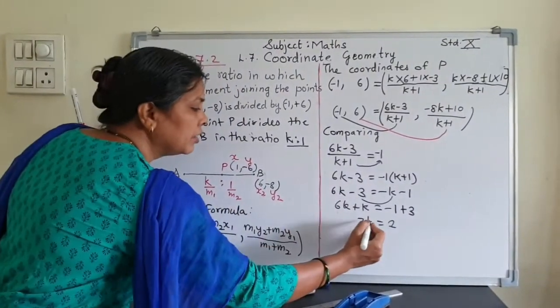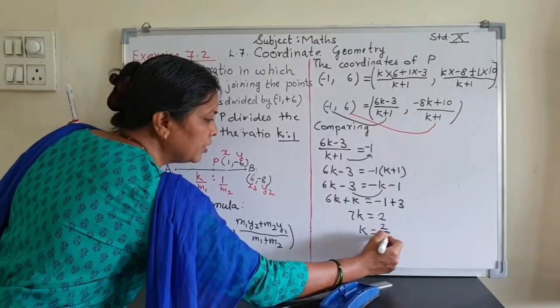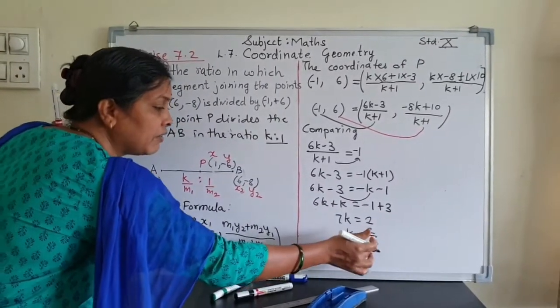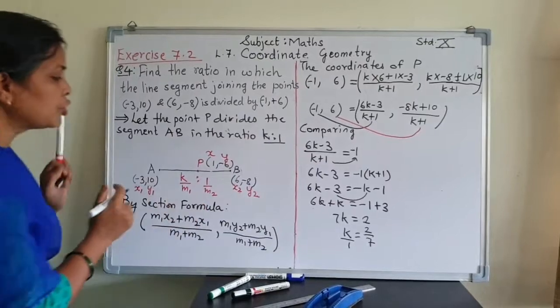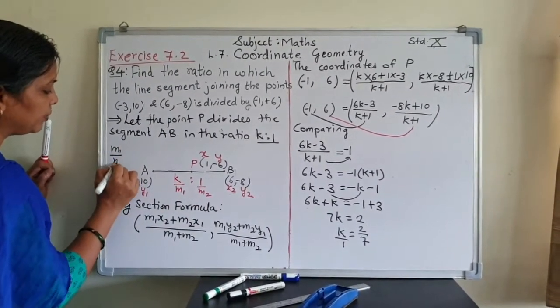Now you see here, bring this 5 to this side. So K is equal to 4 upon 5. Now it is K upon 1. What is the ratio here? K is to 1, that is m1 upon m2.